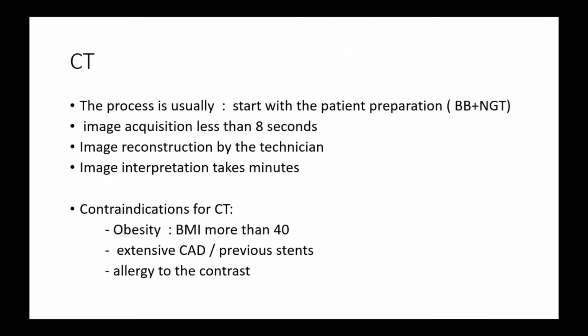Now the image acquisition itself is very fast. Then the next step is the reconstruction, usually done by the technician, and then the interpretation, which is usually done by a radiologist or a cardiologist.